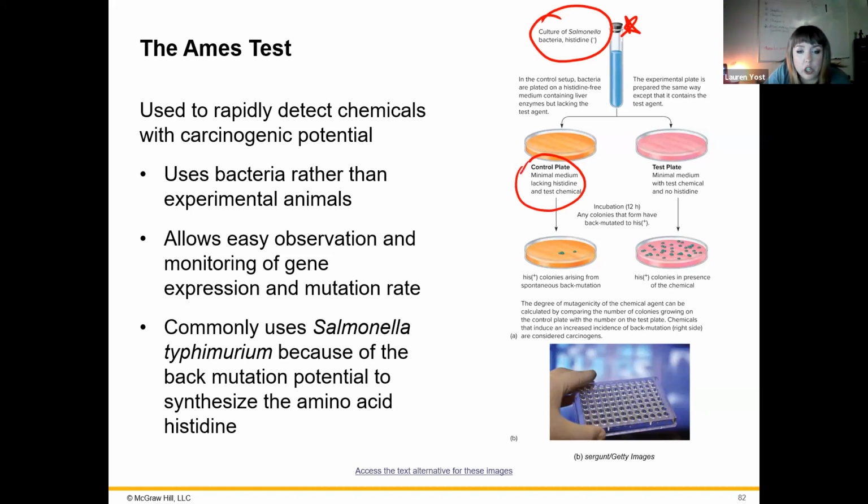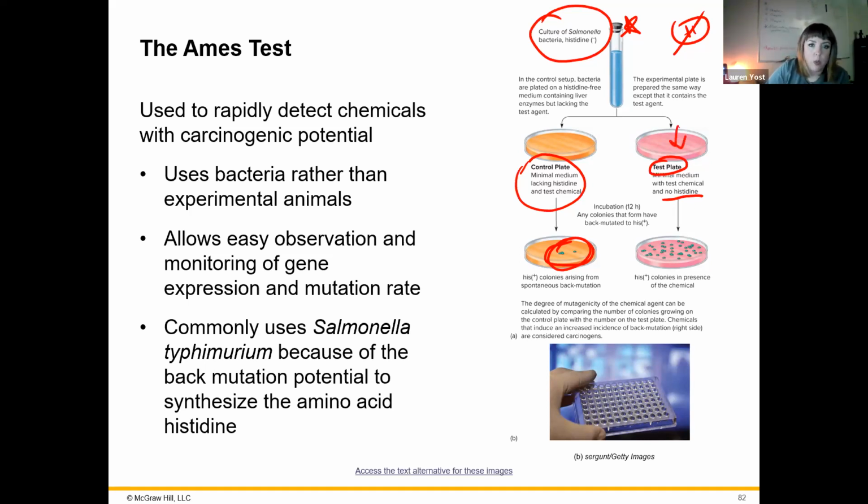So our control plate is showing us that when we plate that organism that cannot make histidine onto a plate without histidine, this is what it should look like normally. Now we've got our test plate. We've got no histidine added to this, so it still cannot make histidine, not on its own. And we've added our chemical that we think is cancerous to the medium, into the pink plate.